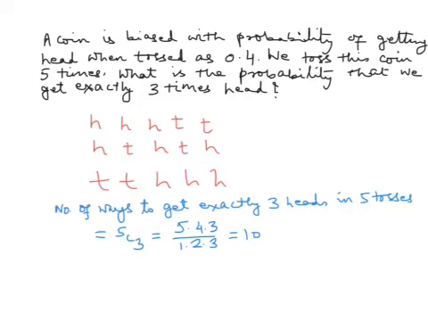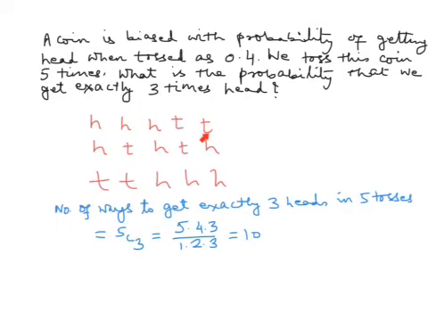Now, the next task is, what is the probability of one way happening? Like, what is the probability that you get a head in the first toss, then another head in the second toss, then a third head in the third toss, and then in the remaining tosses you get tail?